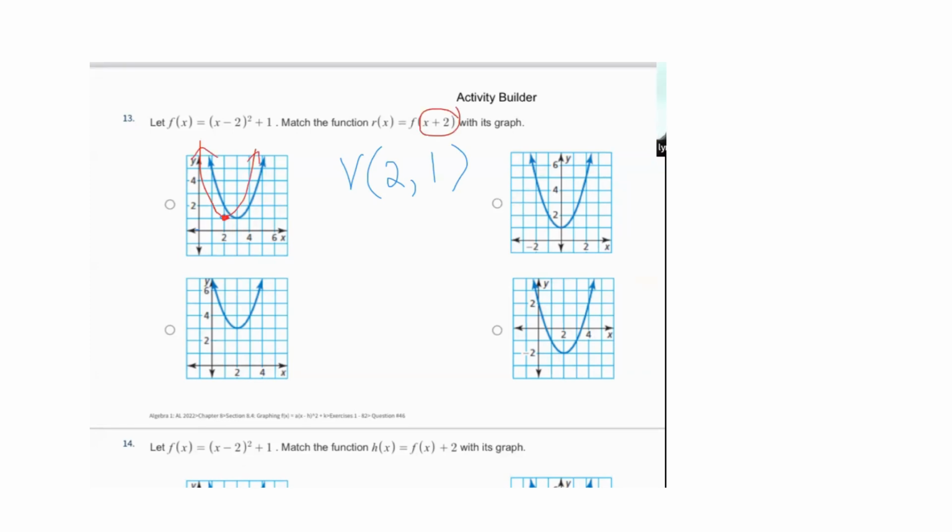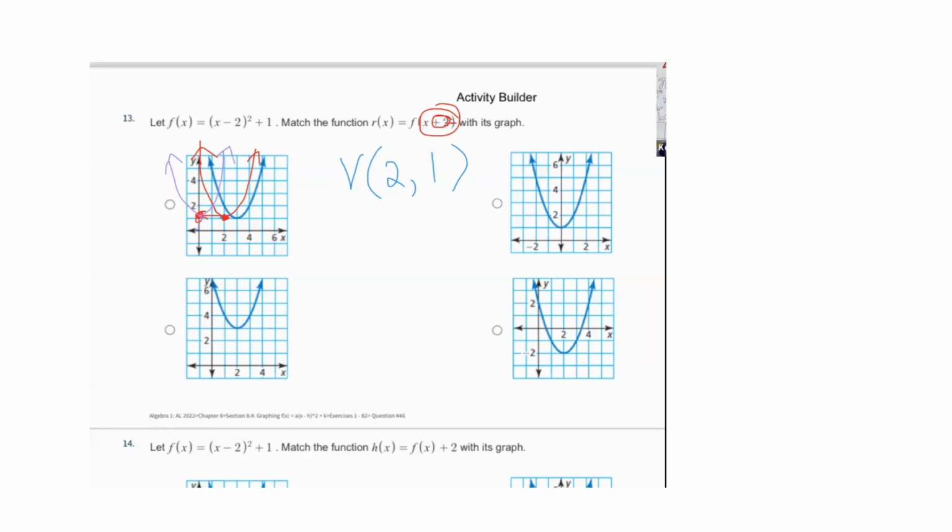Now this plus 2 means that, remember, we do the opposite of that. So we would move that to the left 2. If we move it back over to the left 2, this is where we want our new graph to be.